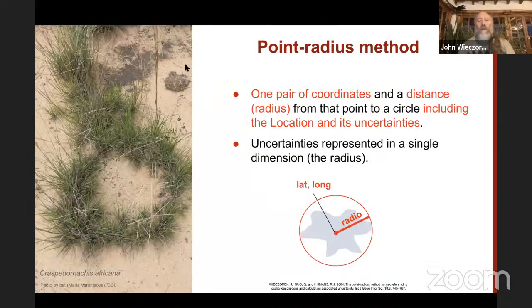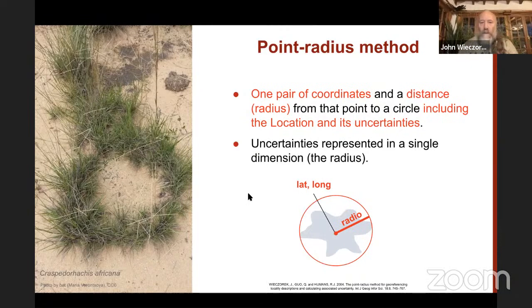This is just a quick reminder. Paula gave a presentation on georeferencing methods and pointed out the benefits and drawbacks of several methods. And one of them was the point radius method, which we said at the time was a good balance between being efficient and capturing the georeferences in a largely useful way.